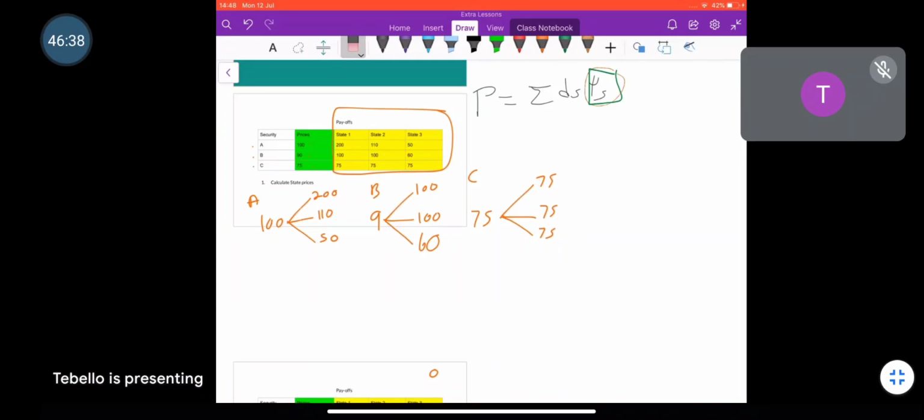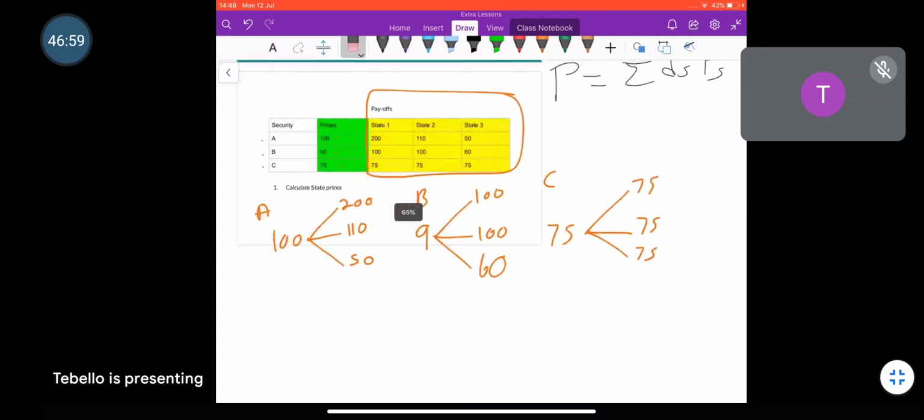Because you are going to have 3 variables and 3 equations, you are going to find a unique solution for each state.